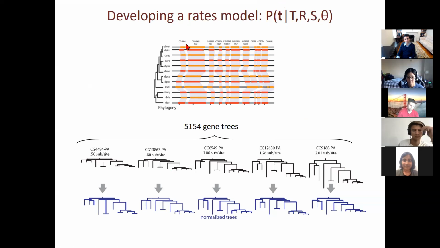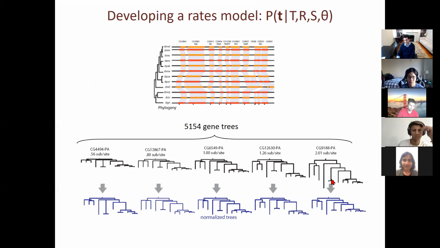So if I have 5,000 gene trees across the genome that are all involving the same set of species, then I have no reason to expect that every single gene has evolved according to its own history, because these bags of genes evolved together in the same set of species. So we can use that to study the properties of gene trees at different locations.